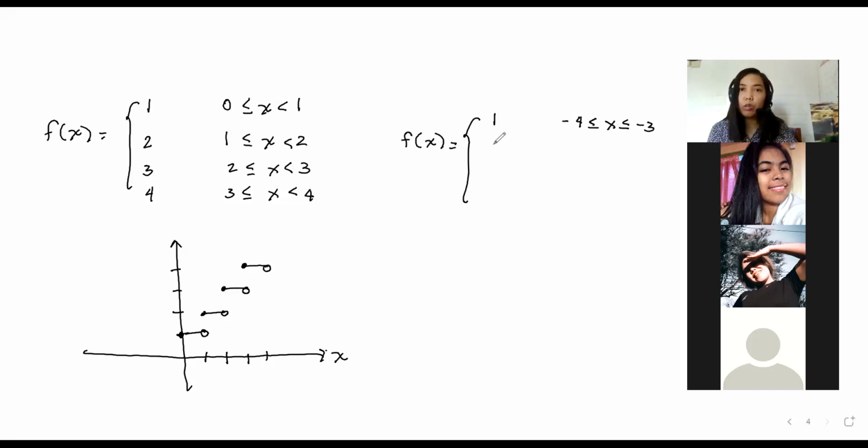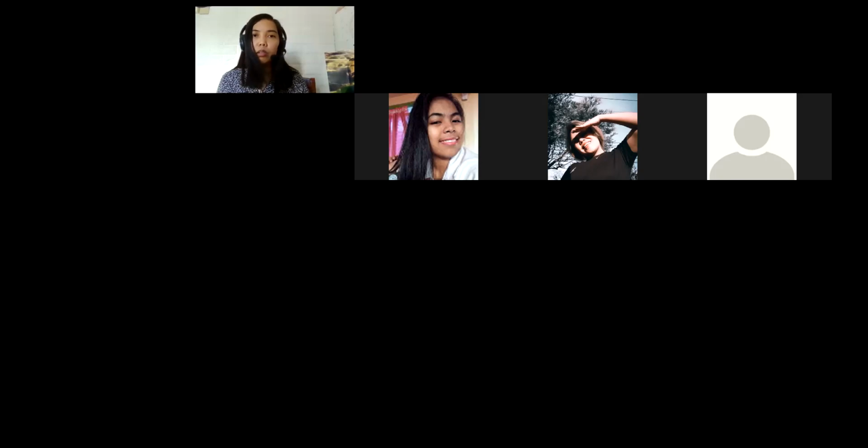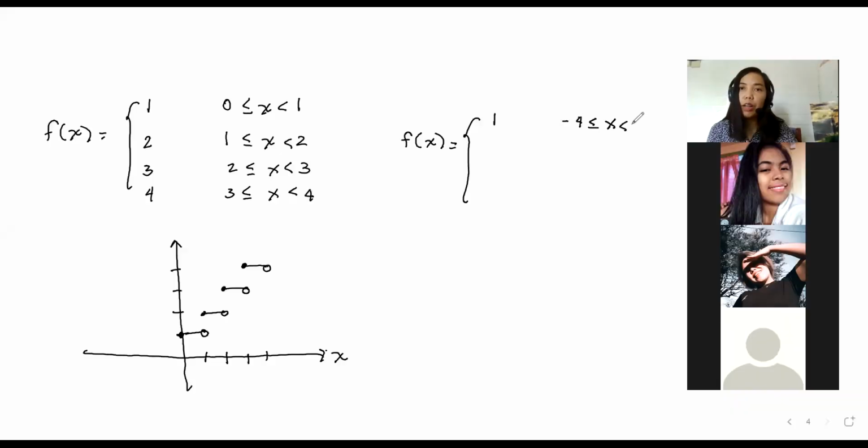F of x is 2 if x, sorry, this is close yung isa, is between -4 and -3. F of x is 2 if x is between -3 and -2.